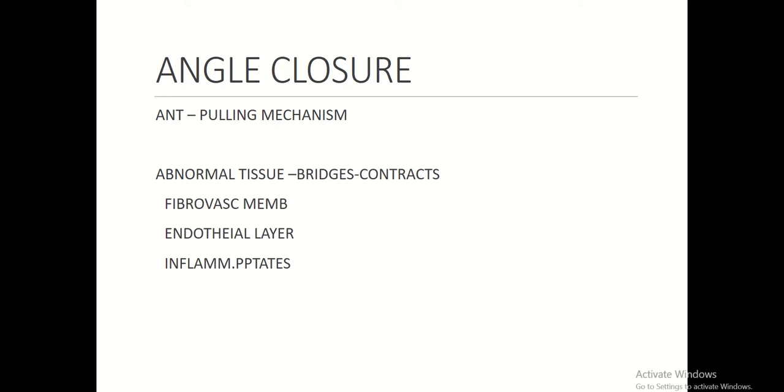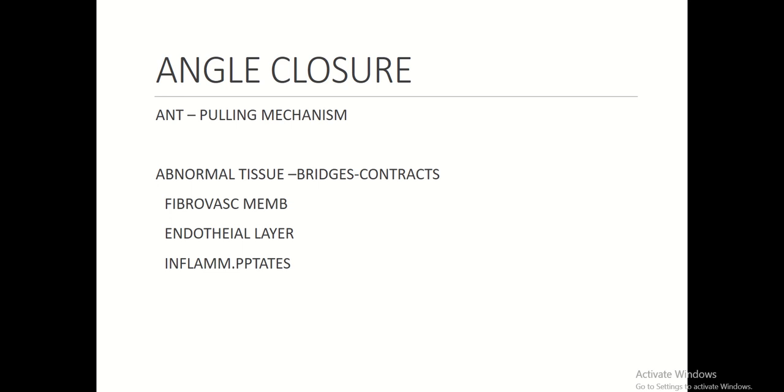Now we move on to angle closure. In angle closure, you've got both anterior and posterior mechanisms. Anterior is a pulling mechanism where there is an abnormal tissue which bridges the angle, and once this abnormal tissue contracts, there will be a pulling mechanism. That is, the iris will be pulled towards your cornea, so closing the angle.